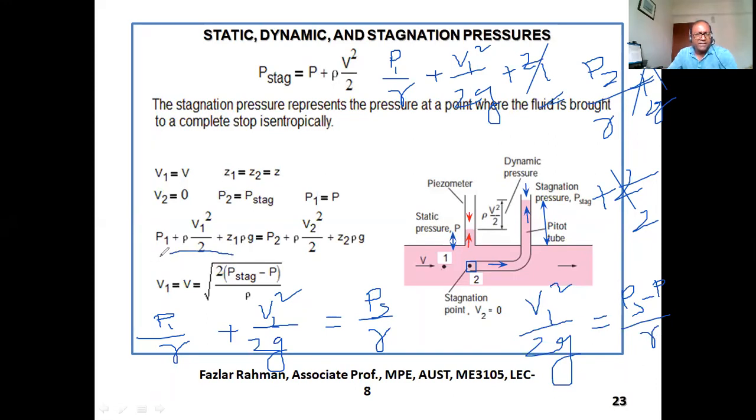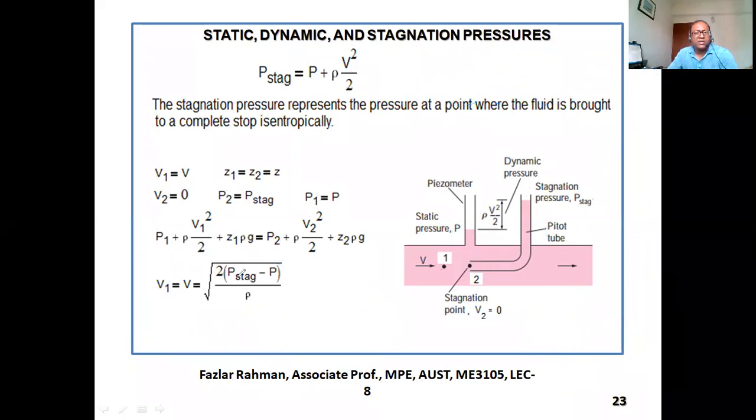So you see, if you know the stagnation pressure of the fluid and the pressure at point 1, you can easily measure the velocity of the flow, V.